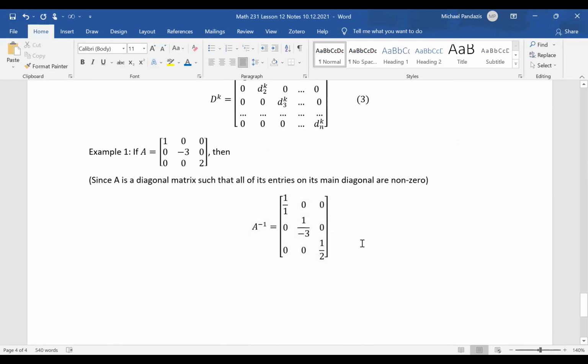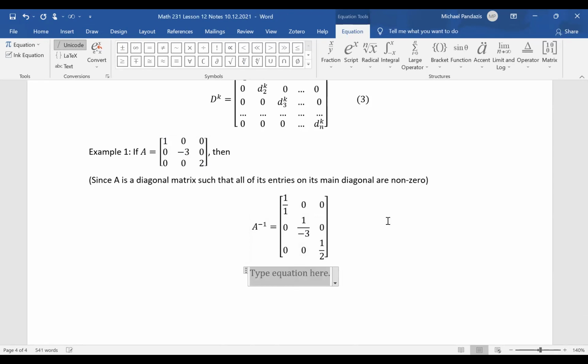Okay, if this is 1, you could just write 1 instead of 1 over 1. I'm just writing 1 over 1 to illustrate that you're doing 1 over these numbers for each one. You could write negative 1/3 instead of 1 over negative 3.